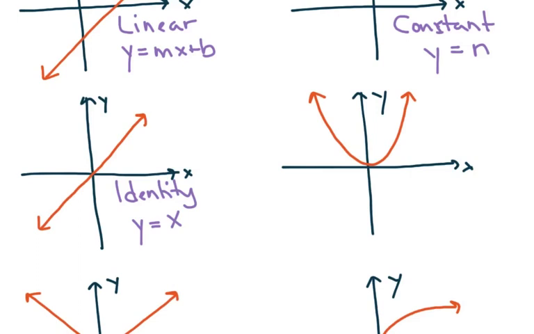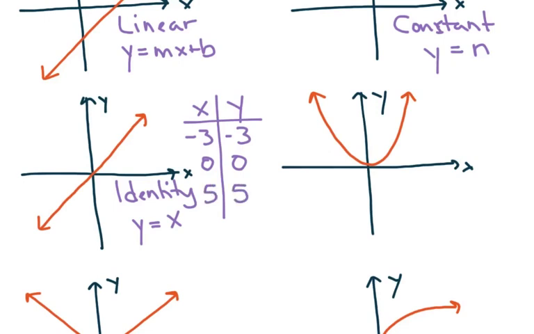The reason it's called an identity is because any number you plug in for x, the same number comes out for y. For example, if you were to make a table like you learned in Algebra 1, if you plug in -3 for x, -3 comes out for y. Or if you plug in 0 for x, 0 comes out for y. Or if you plug in 5 for x, 5 comes out for y.